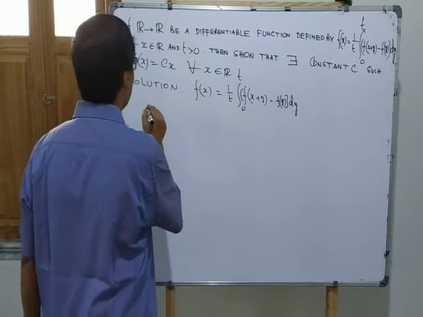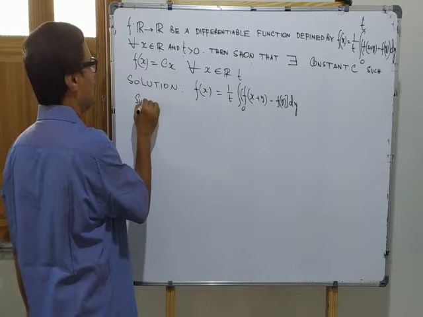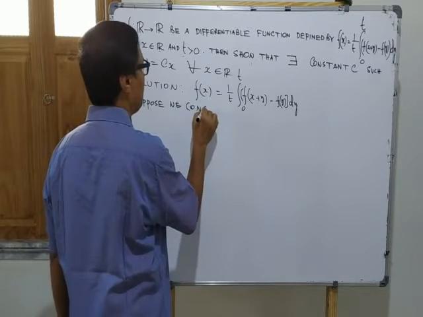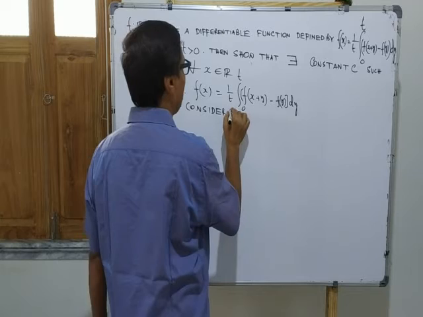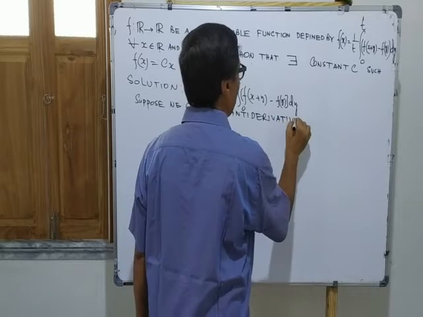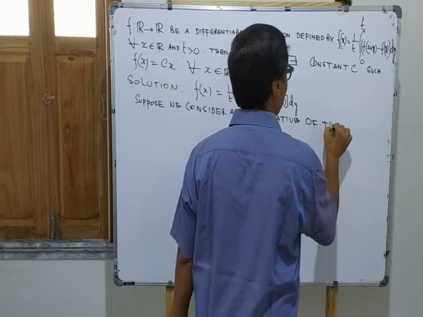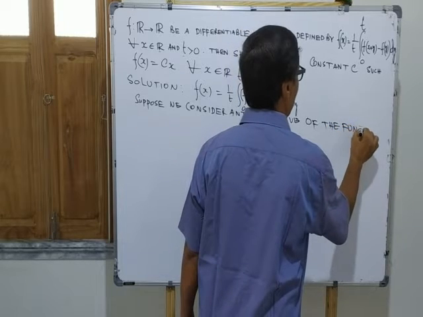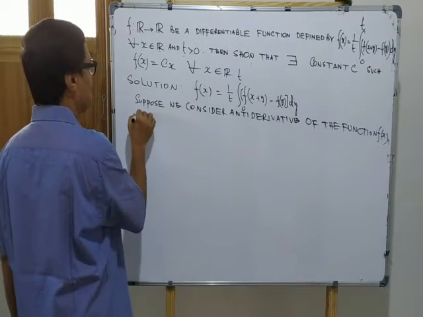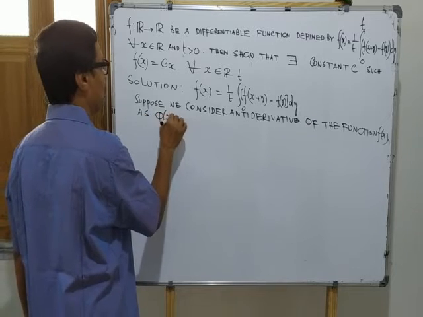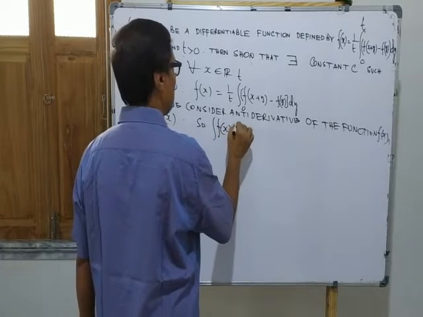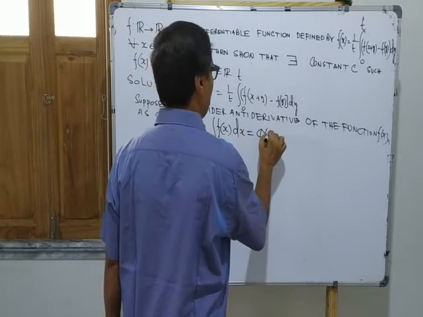Now suppose we consider the antiderivative of the function f(x) as phi(x). So integral of f(x) dx equal to phi(x) plus c.